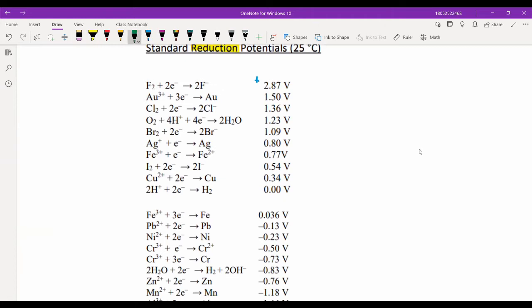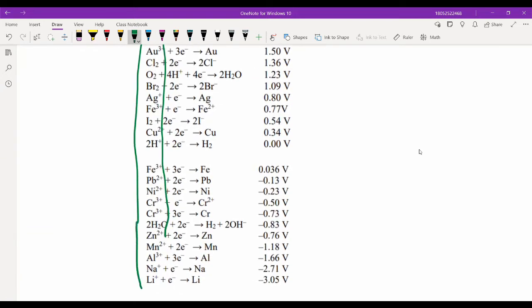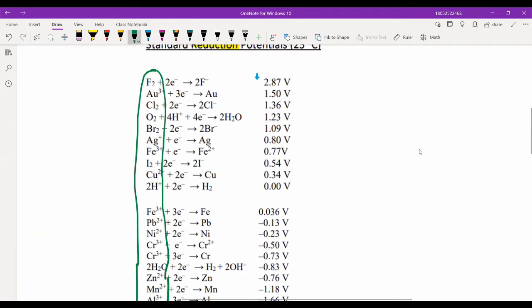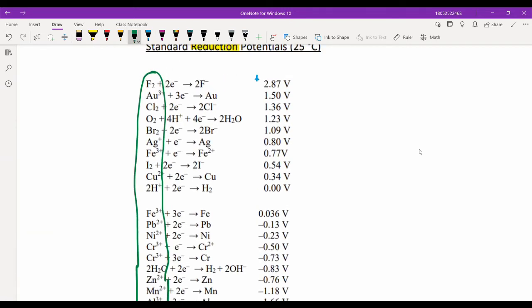So all of these species here, just kind of circle them all, are things that are oxidizing agents because these are being reduced. They're gaining electrons, F2 plus electrons or H plus electrons. So these are all things that are being reduced.